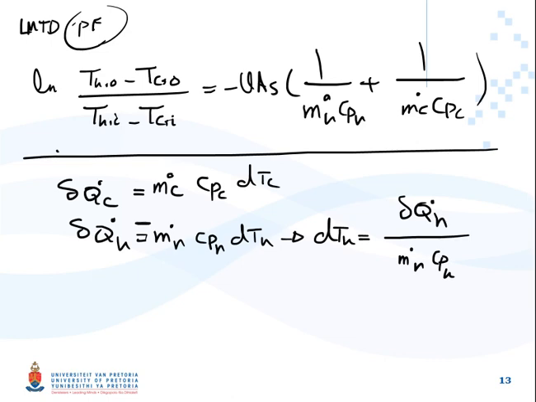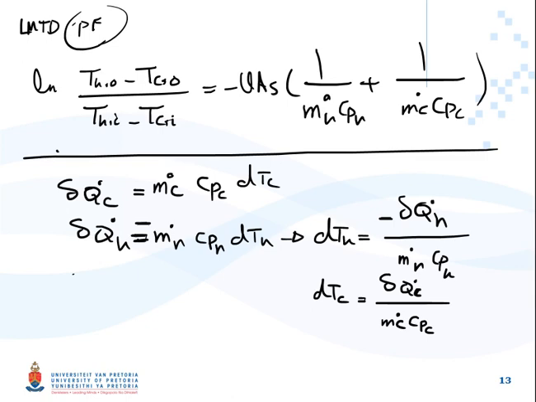It should be minus, and dT_c is equal to dQ_c over m dot c C_pc.